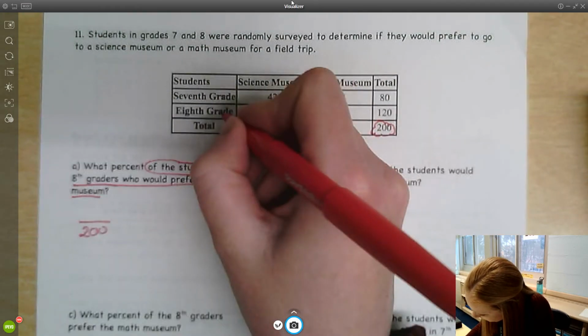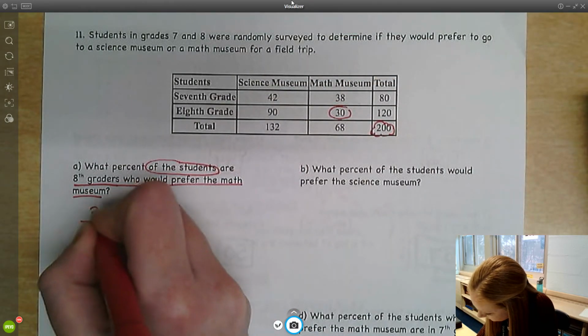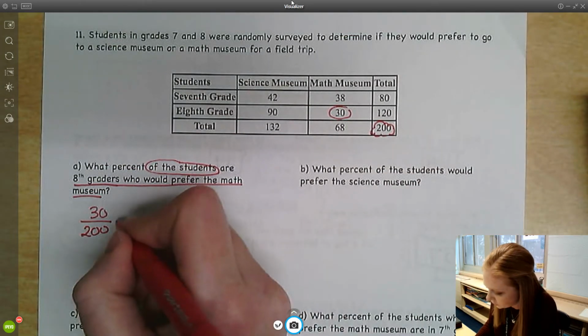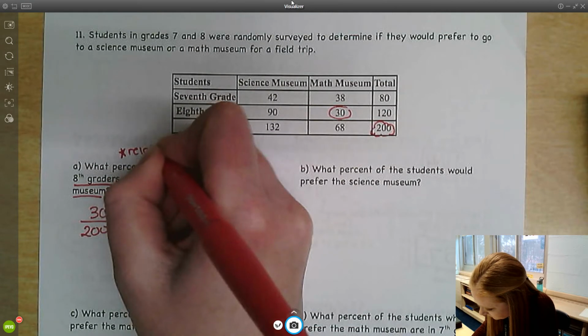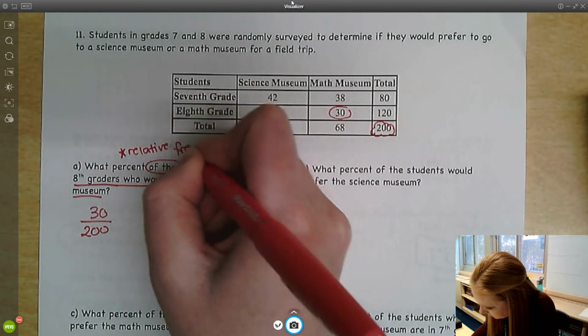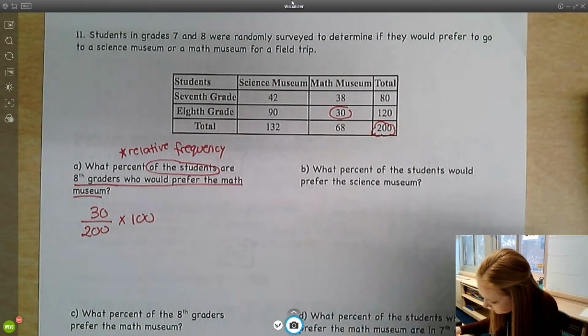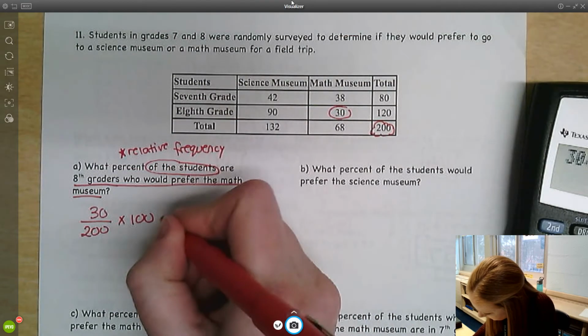So we're going to look for 8th grade Math Museum right here. 30 8th graders prefer the Math Museum of the students. So of all the students, this is the relative frequency. %.